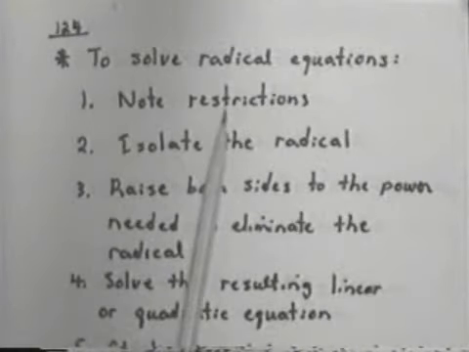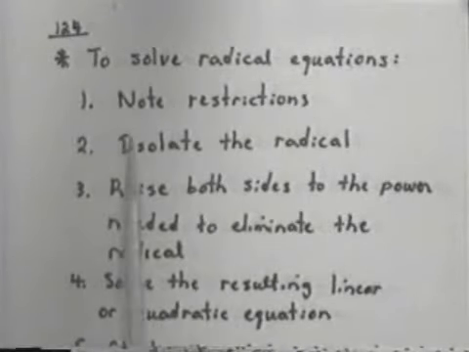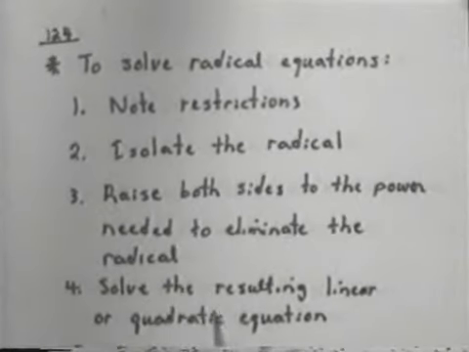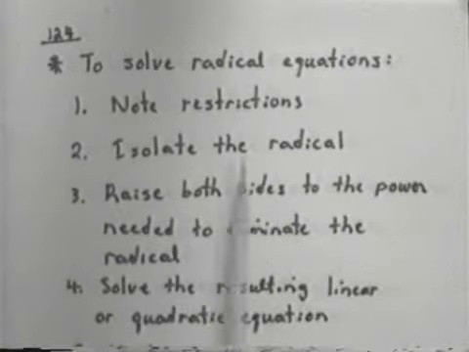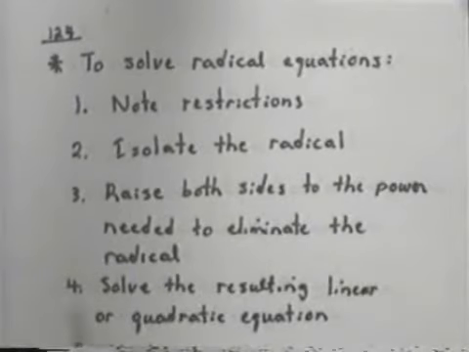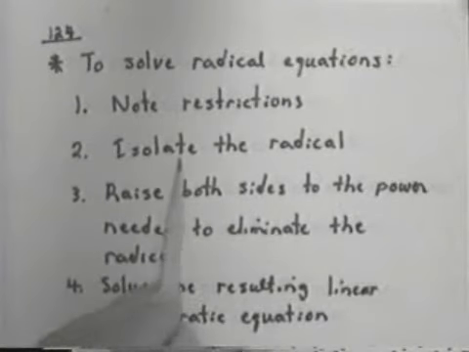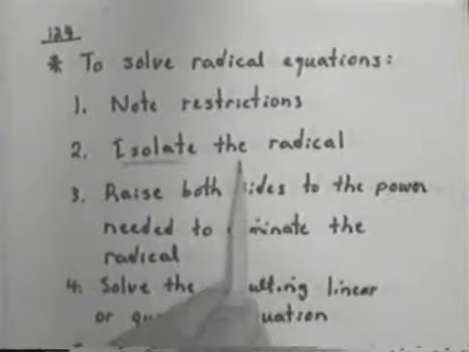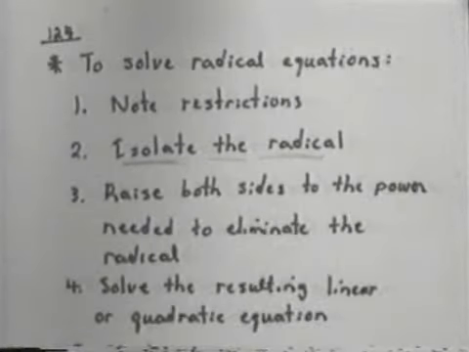So you cannot have a negative radicand with an even index. So you must note those restrictions. The second thing you must do is isolate the radical. Now this is probably where most people make mistakes. They just forget to isolate the radical, but you absolutely must isolate the radical, which means get the radical by itself.